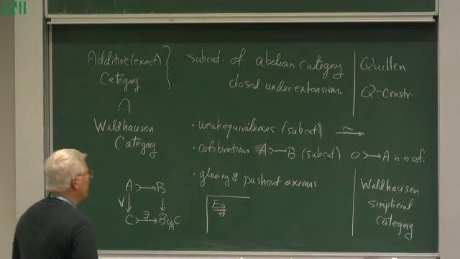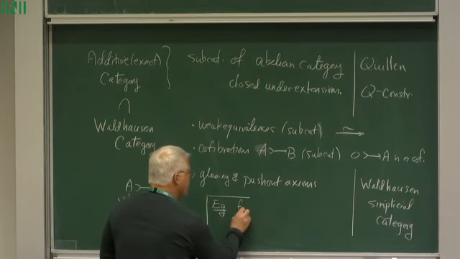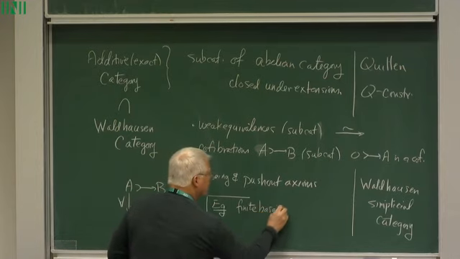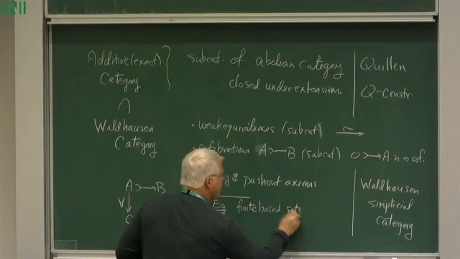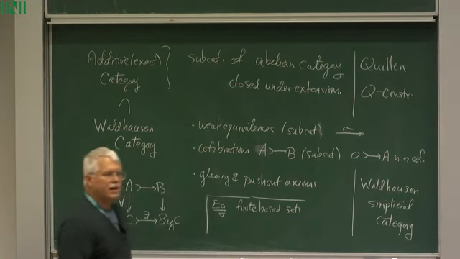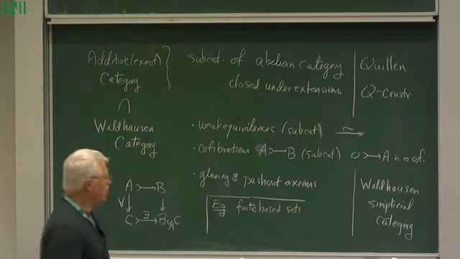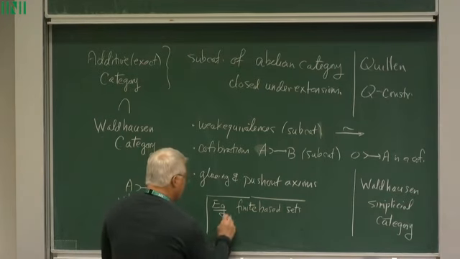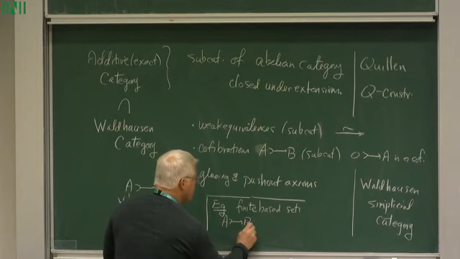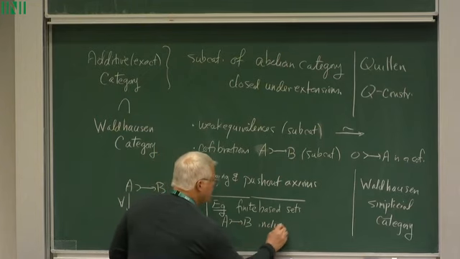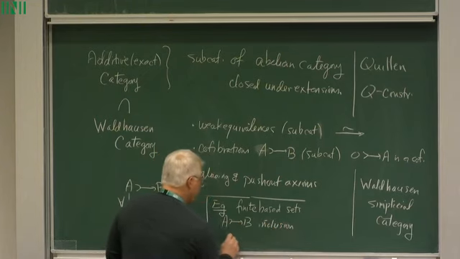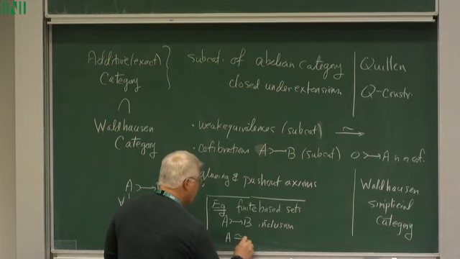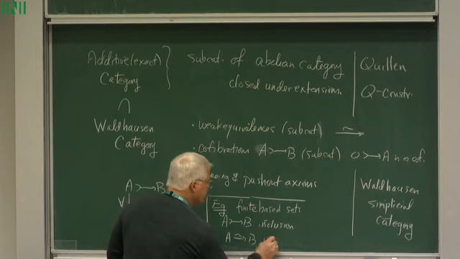So an example of a Waldhausen category is finite based sets. I could give you much more complicated examples of a Waldhausen category, but this will work. So the idea is that this is just an inclusion, and A to B is an isomorphism or a bijection.